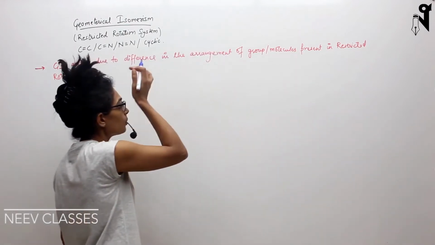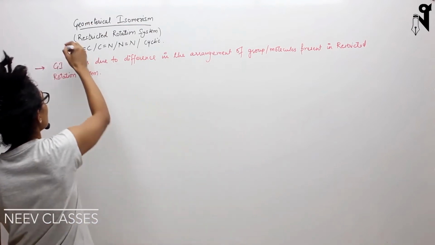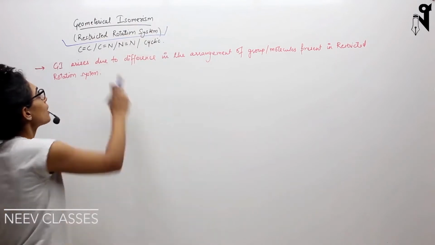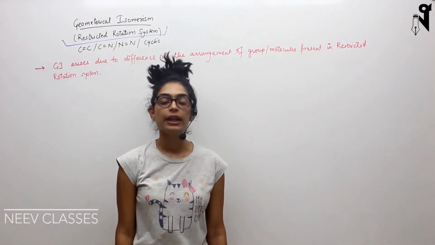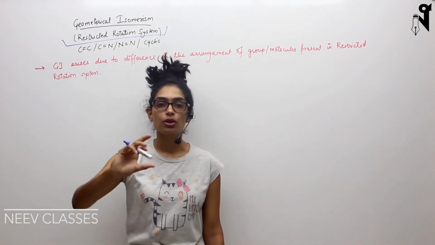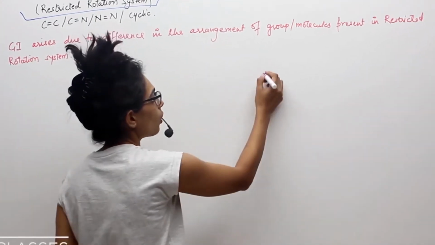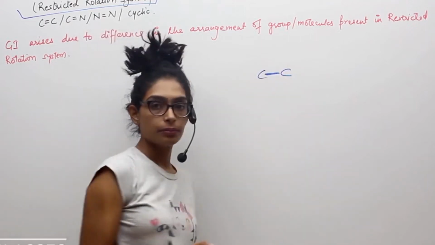Before I explain what different types of groups can do, you need to understand the basic requirement for geometrical isomerism, that is a restricted rotation system. That means this isomerism occurs only where rotation between one carbon and another carbon bond is restricted. For example, a carbon-carbon single bond can always rotate.